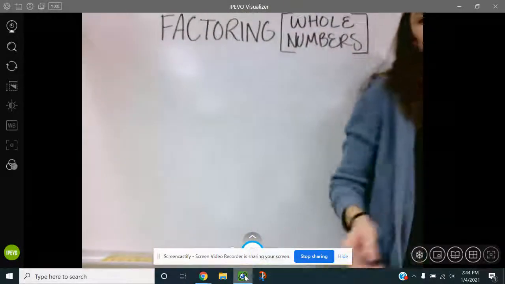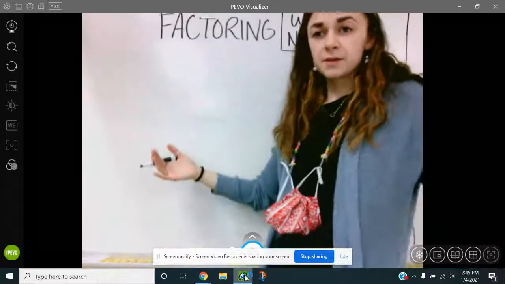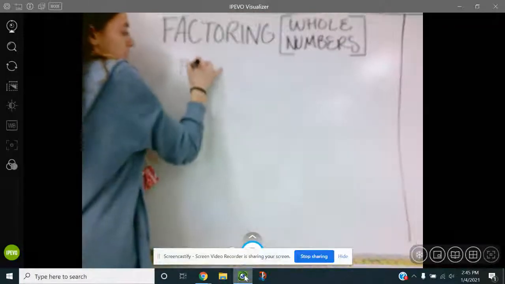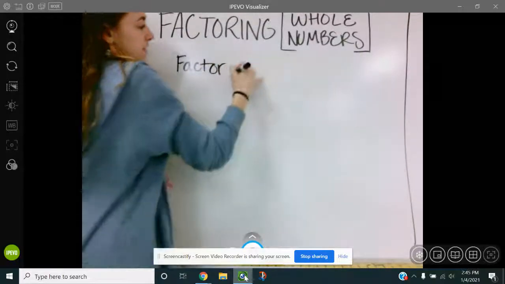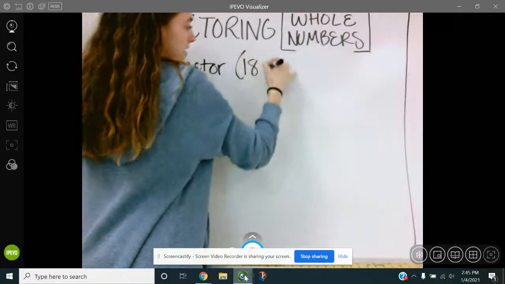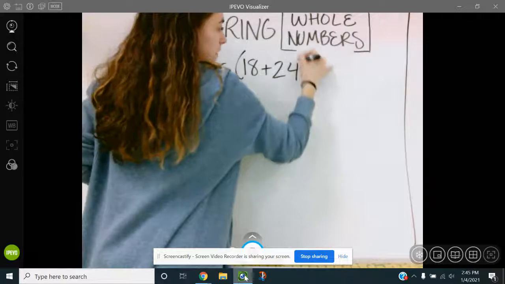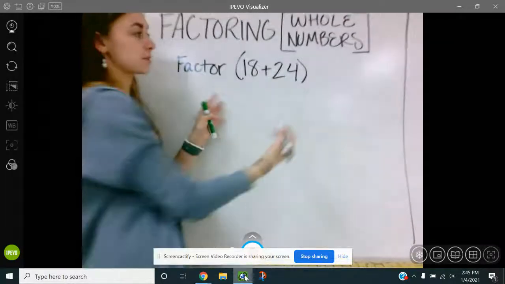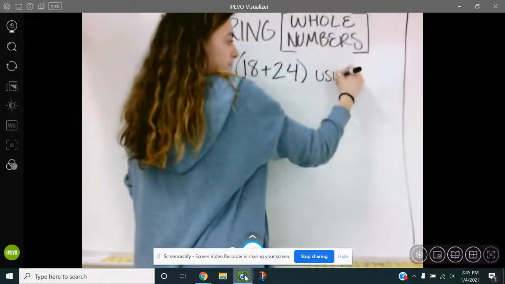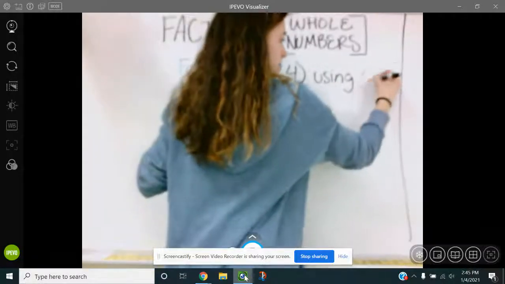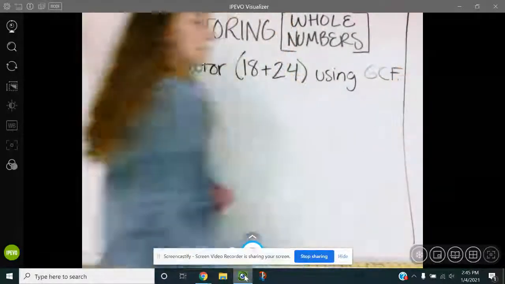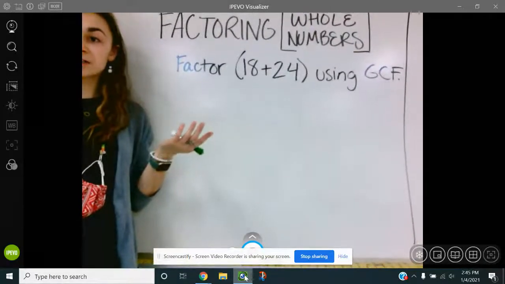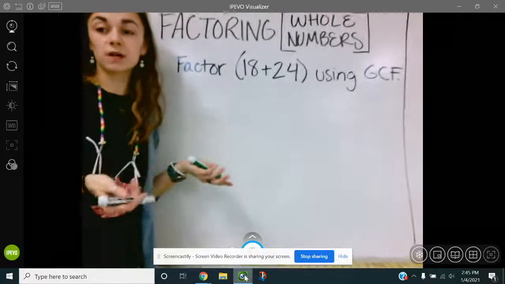Okay, so let's just jump right into it and try to factor an expression. We are going to factor 18 plus 24 using the GCF, the greatest common factor. First we need to figure out what the greatest common factor is between 18 and 24.